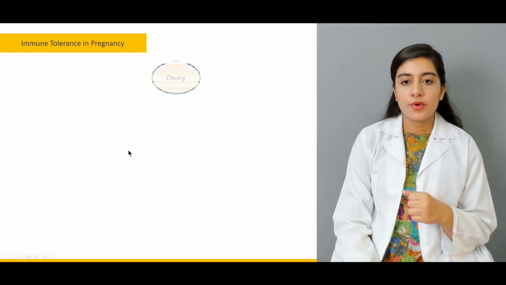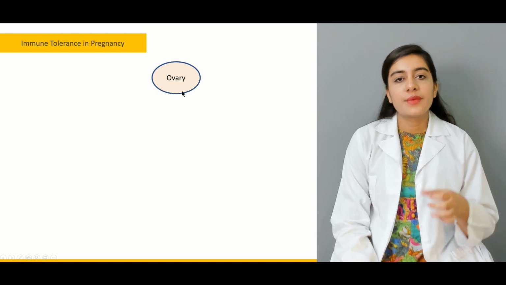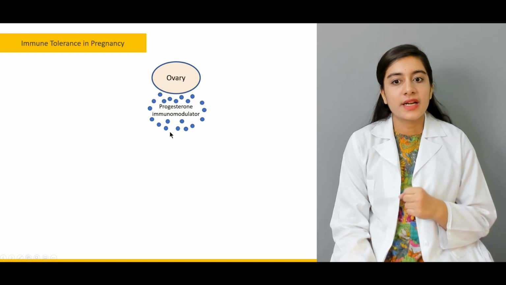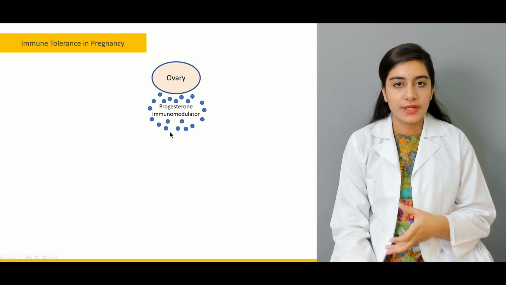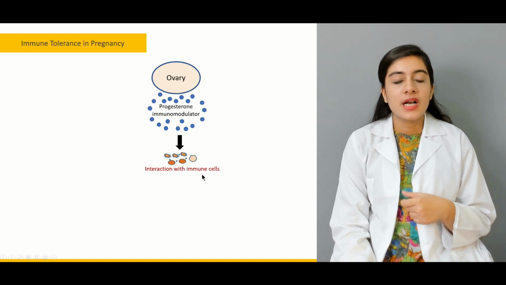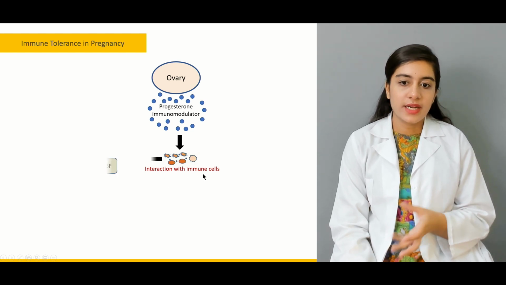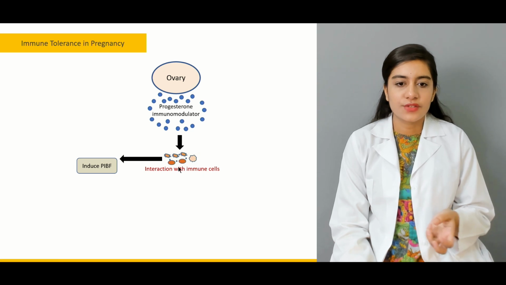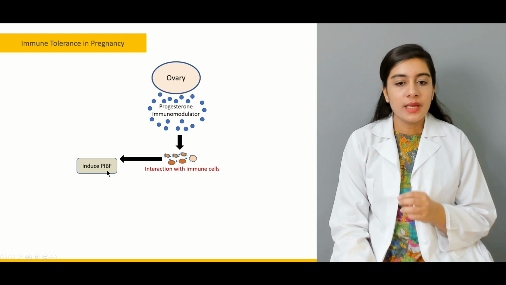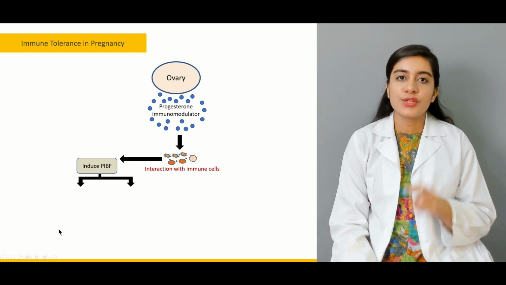So starting the whole process, first of all, the process starts with the ovaries. Ovaries usually produce hormones, that is progesterone, which are immunomodulators. These immunomodulators interact with the immune cells inside the body, the different types of cytokines and so on. These induce PIBF, and it has two results.